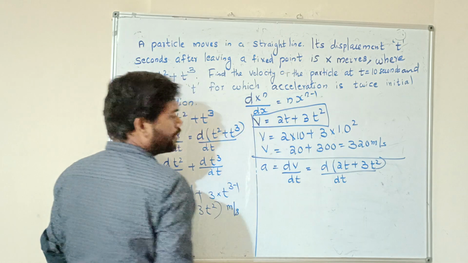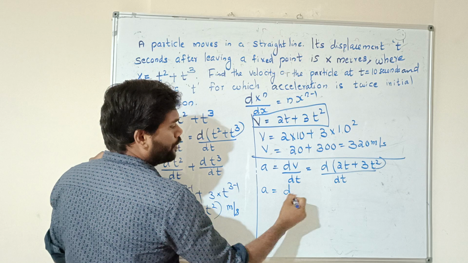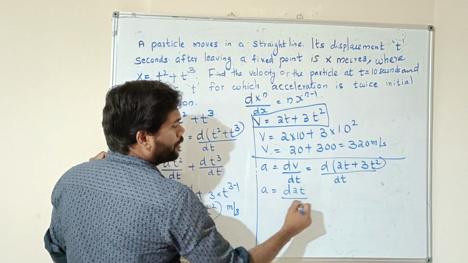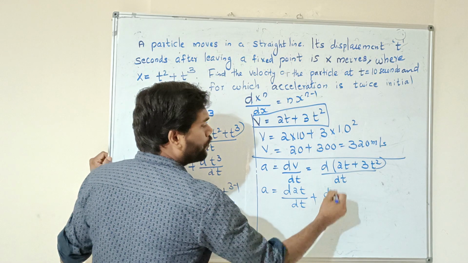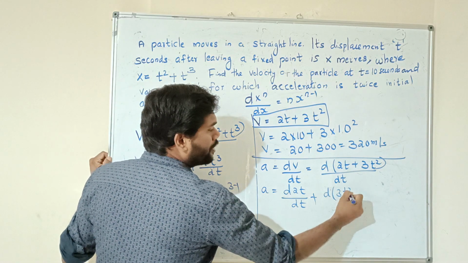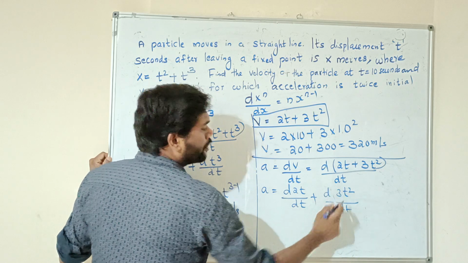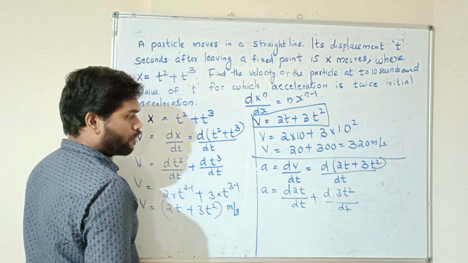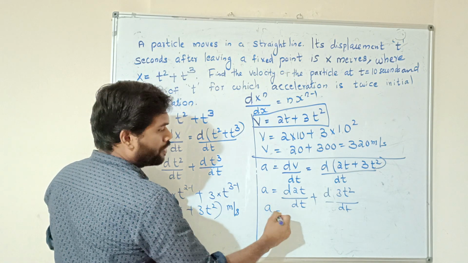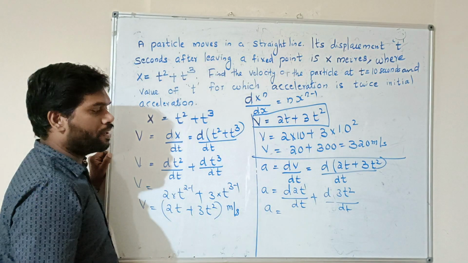So when you differentiate the equation again, we open the bracket. So d of 2t by dt plus d of 3t square by dt. Here the first is a constant, we don't differentiate the constant. The second term is t, and when no power is given, the power will be 1.